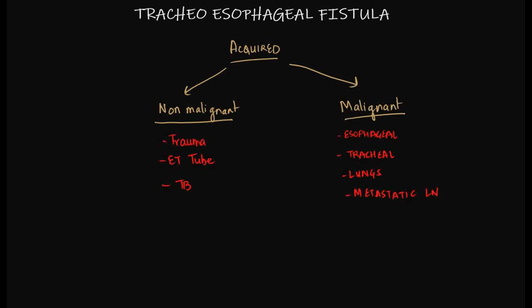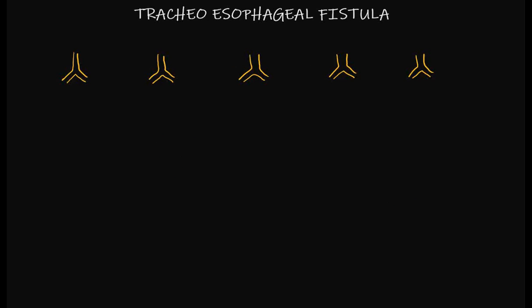Now let us look at the classification of congenital tracheoesophageal fistula. We have 5 types of congenital tracheoesophageal fistula labeled from A to E. In type A, the esophagus is atretic and there is no connection between the trachea and the esophagus. 10% of tracheoesophageal fistulas are of A type.